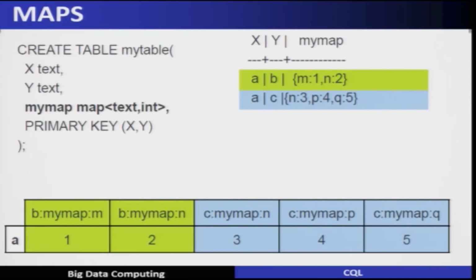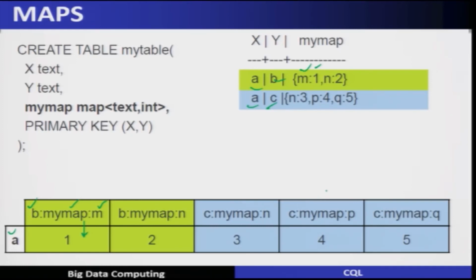So, maps means key value store. So, key and value will be stored here in this case. Let us see this example also. A and B, they are the primary keys, and they are stored with the key value pair from the map. So, key will be M and the value will be stored over here.